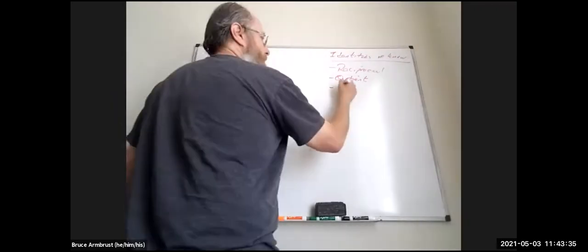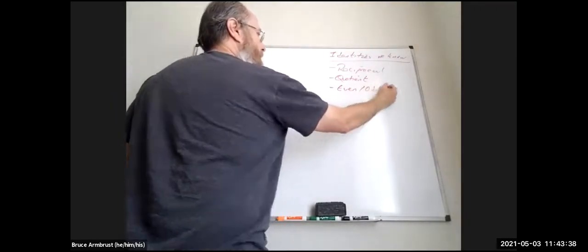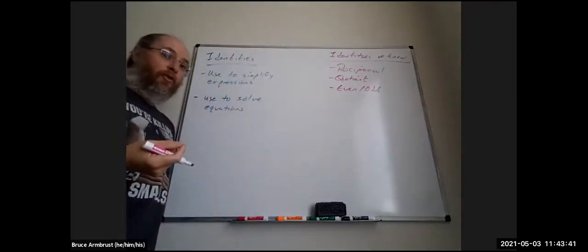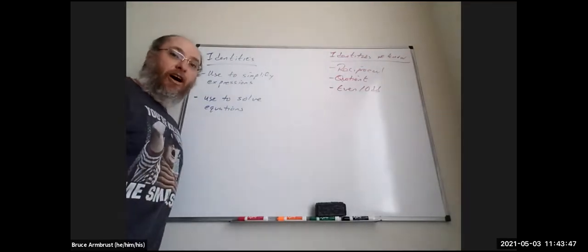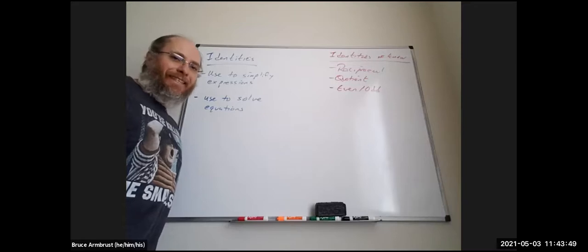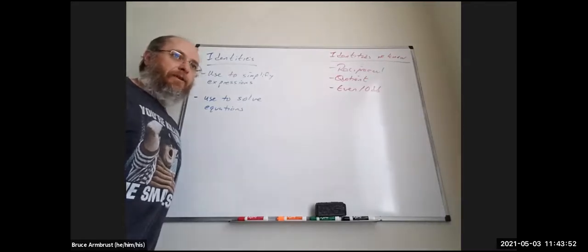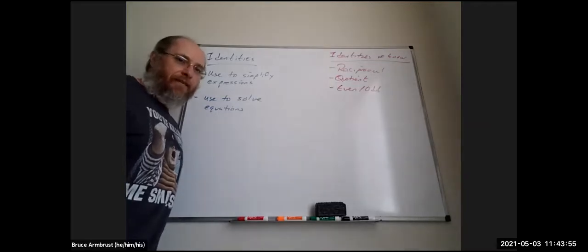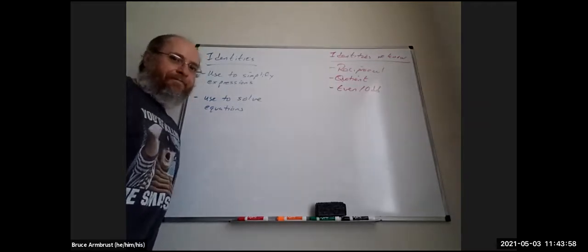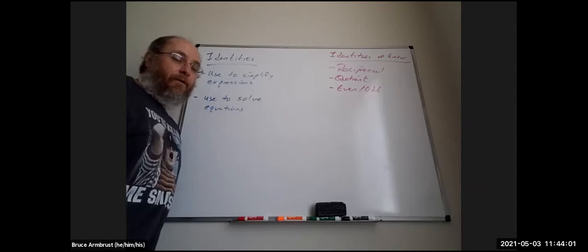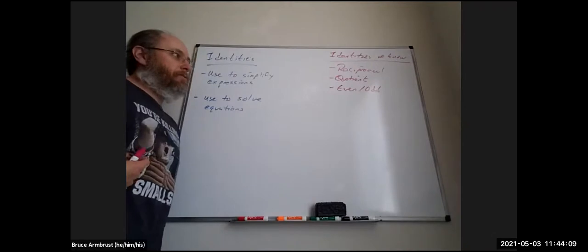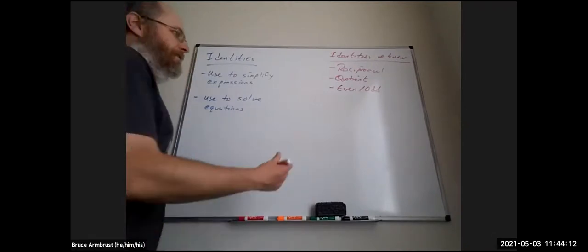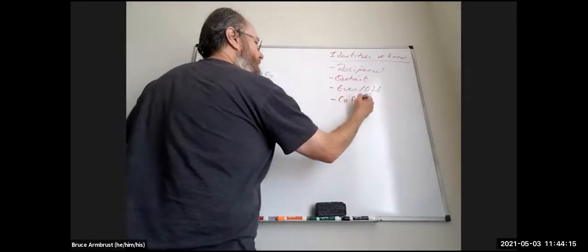Some others that we have, the even odd identities. So those are all the ones that have to deal with plugging in negatives. Just remember that all of the trig functions are odd, with the exception of cosine and secant. Those are the only 2 that are even. But the even ones, cosine and secant, you plug in a negative, you can just ignore it. For the others, for sine, tangent, cotangent, and cosecant, you plug in a negative, you can bring that negative out front. Okay, so those were the even and odd identities. We also had the co-function identities.